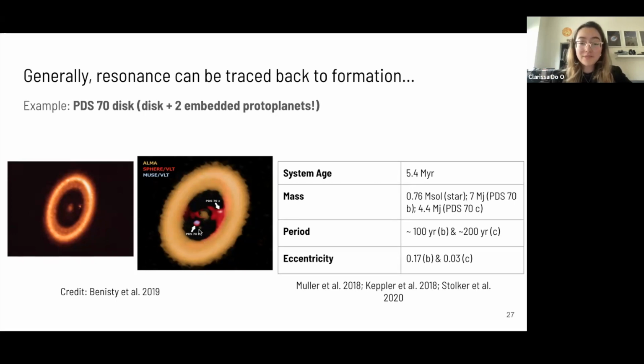So PDS-70b and c. One thing you'll notice that's very interesting is that the periods of these planets are 100 years for b and 200 years for c. I hope you will start seeing where I'm trying to get to here, where they're about ratios of each other of 1 to 2.